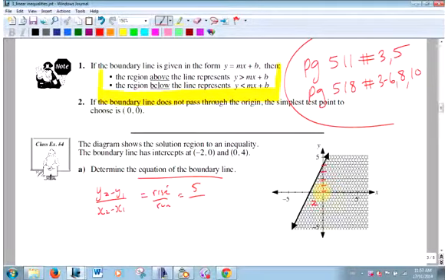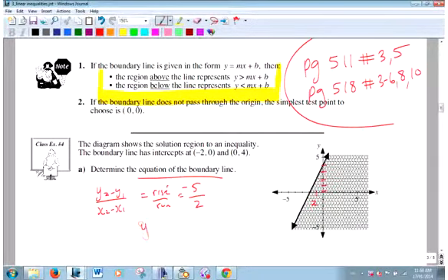My run is, can we count there? Must be a 2, right? Is it a positive or a negative slope? It's positive, because all the lines that tilt to the right are positive. All the ones that tilt to the left are negative. That's how I would do it.